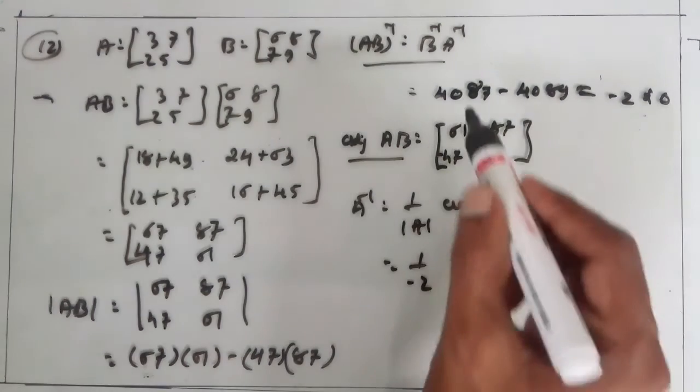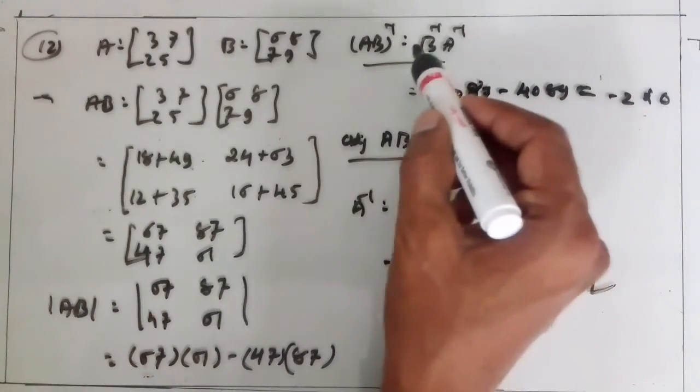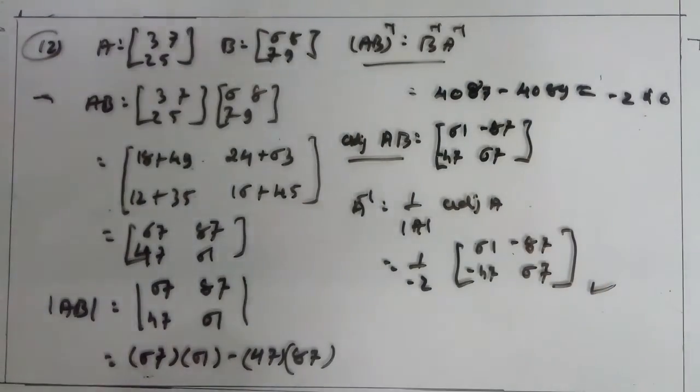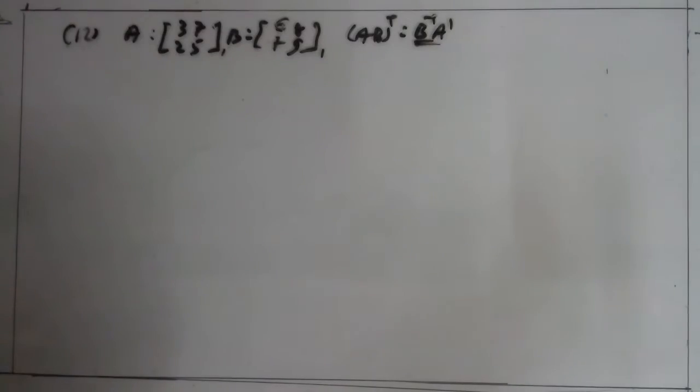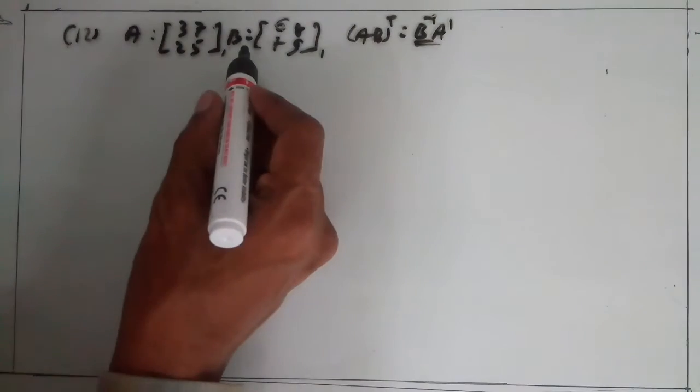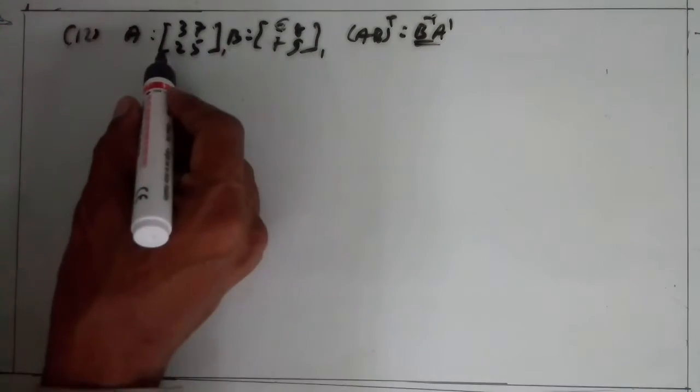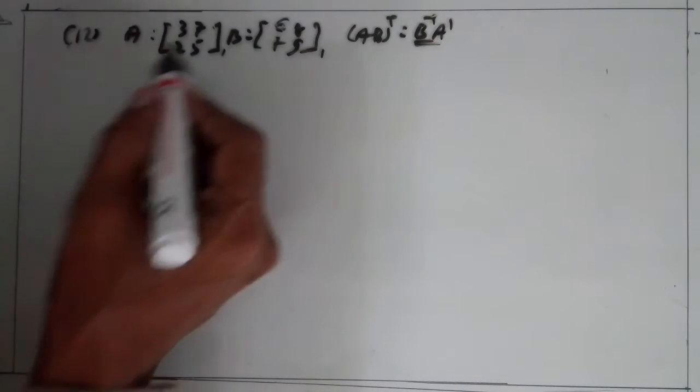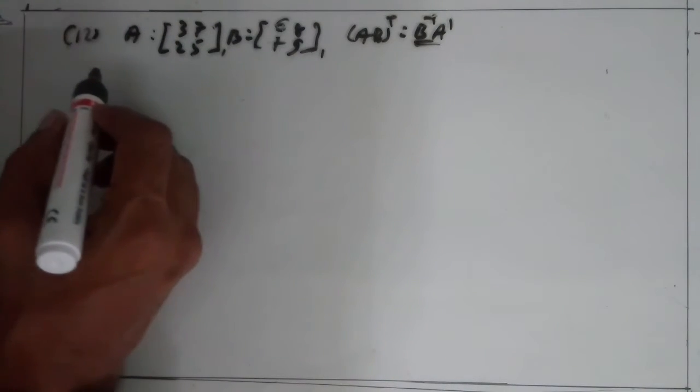Now we find A inverse and B inverse, then do the matrix multiplication of B inverse into A inverse.